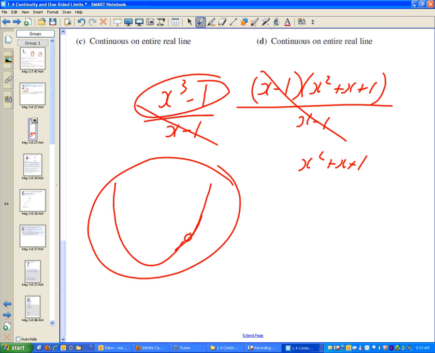So we took a function that had a discontinuity at 1, replaced it with a function that did not have a discontinuity at 1. We redefined the function, which we can do, and that removed the discontinuity. You with me? All right.